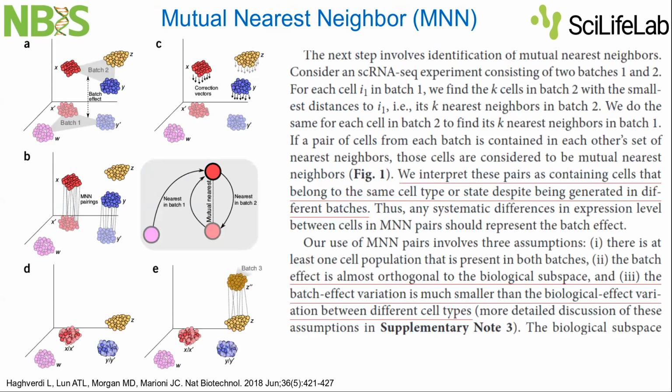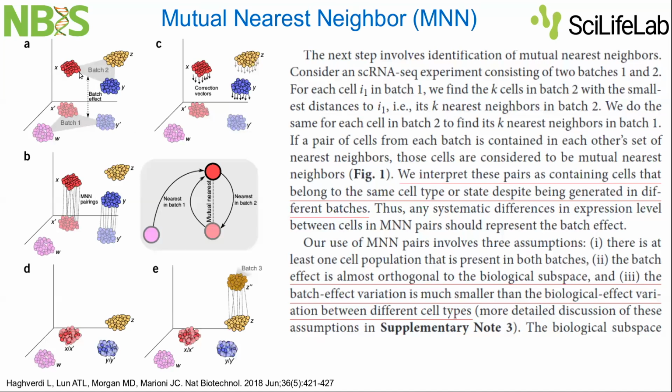So one of the first methods in the field, which was single cell RNA-seq specific, was what is called mutual nearest neighbors, MNN, from John Marioni's lab. And the idea is interesting.